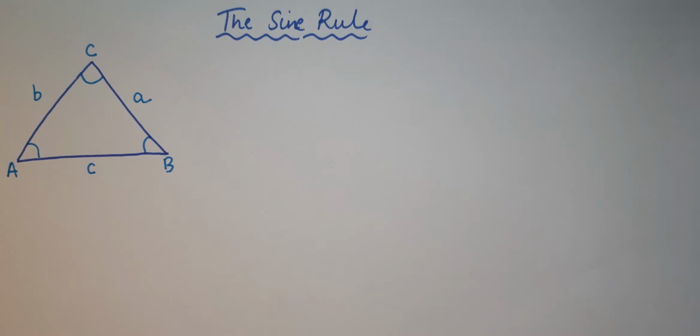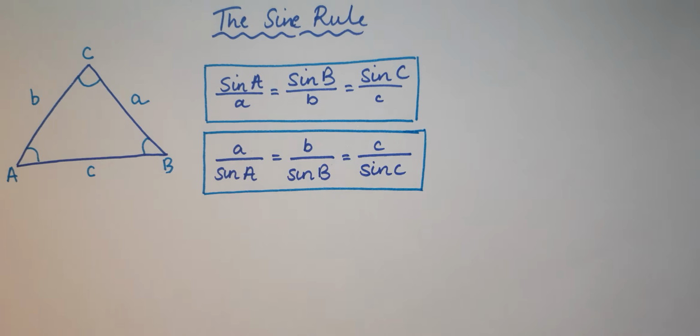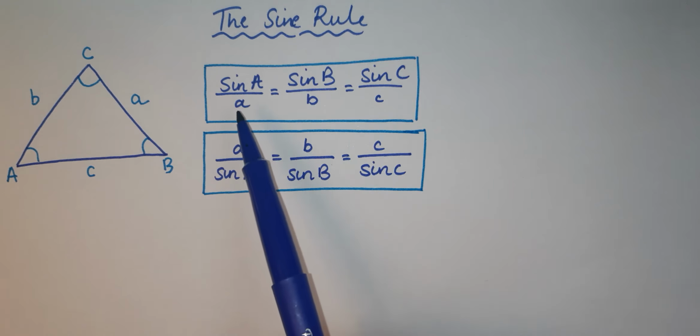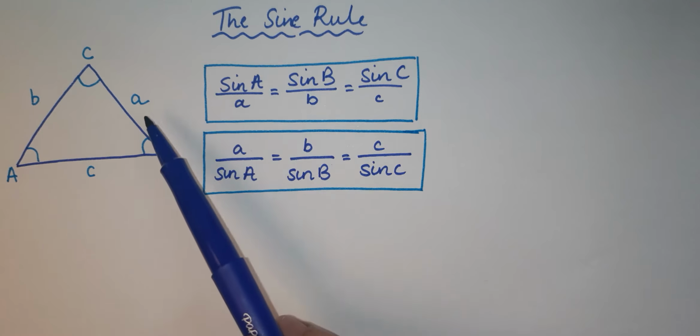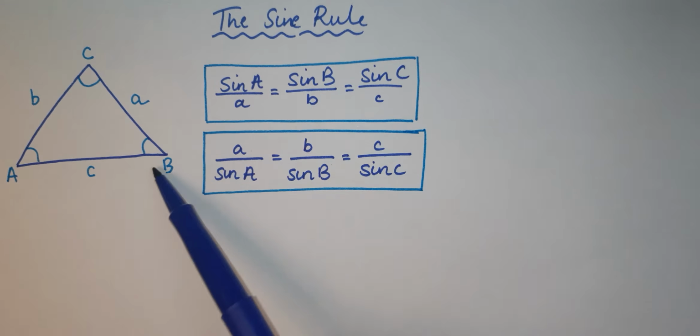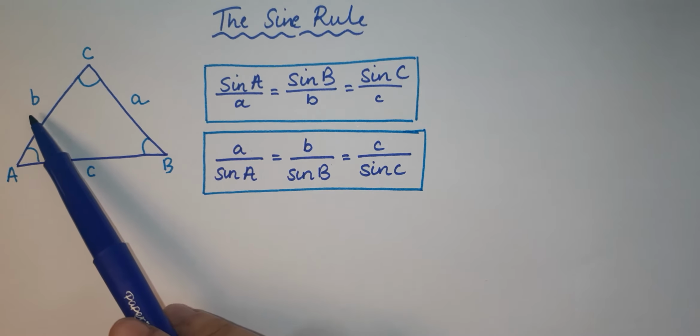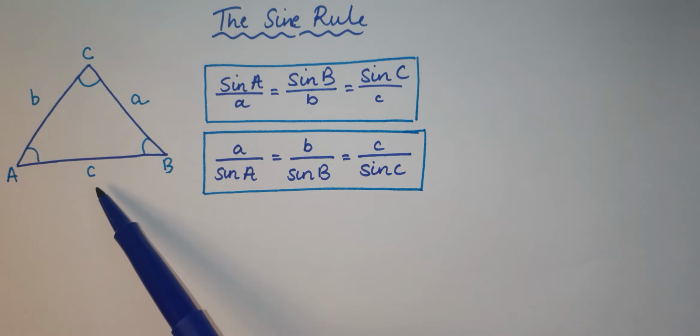The second part is looking at the actual equation. Now, if we have a look here, you can see two different versions of the same equation. The first one is sine A over the length a, sine B over the length b, and sine C over the length c.